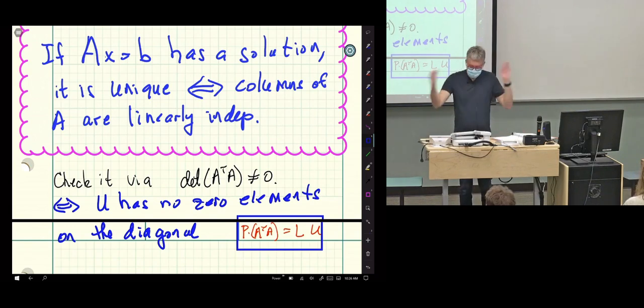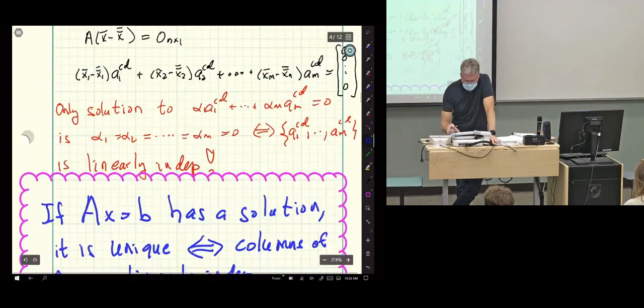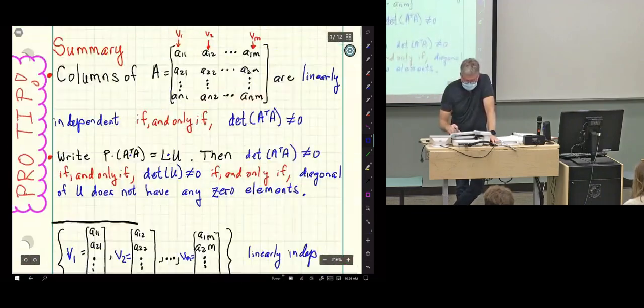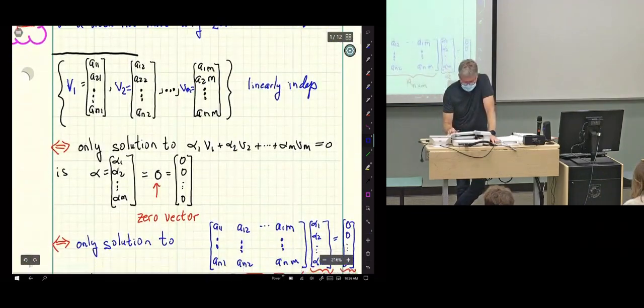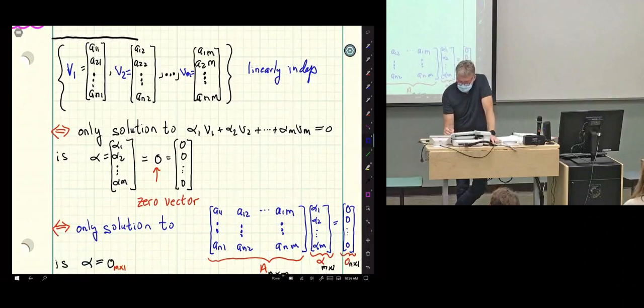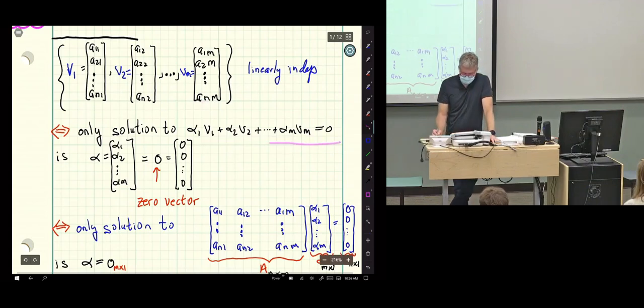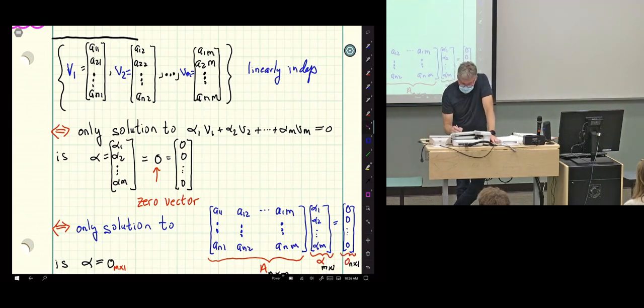So uniqueness and linear independence, they go hand in hand. But that's the definition, so it was baked in to this, okay? Here's the columns of A. We can add them up. We get 0 uniquely if and only if these guys are linearly independent, forcing all of these coefficients to be 0.